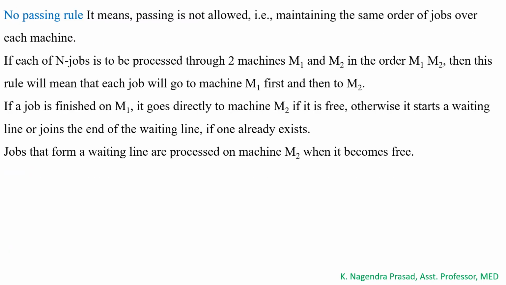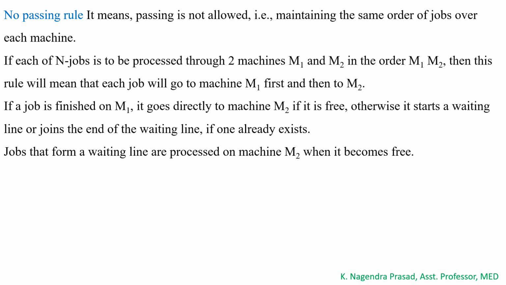So next one is the no passing rule. It means passing is not allowed. So here we are maintaining the same order of the jobs over each machine. If each of n jobs is to be processed through two machines, let us consider M1 and M2 in the order M1, M2, then this rule will mean that each job will go to machine M1 first and then to machine M2.